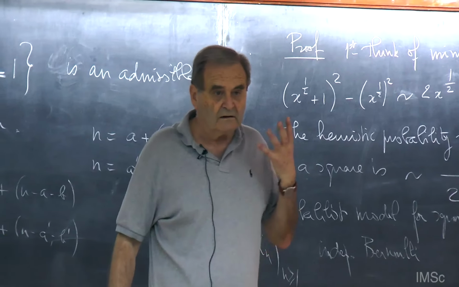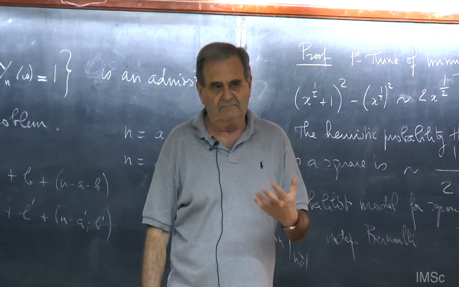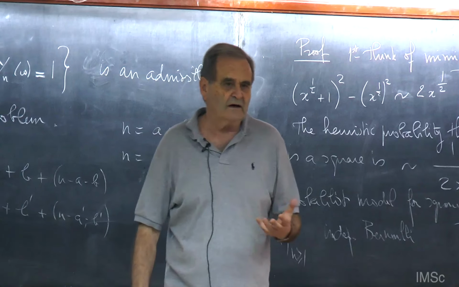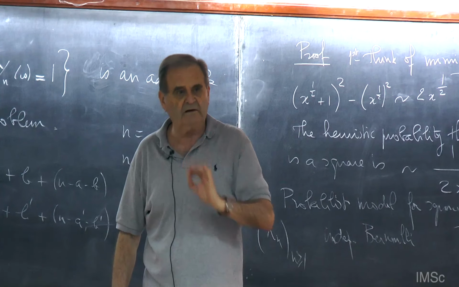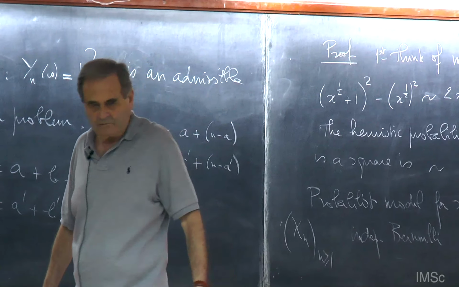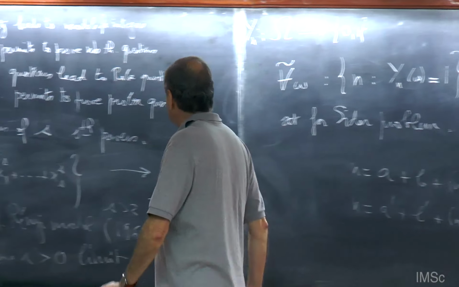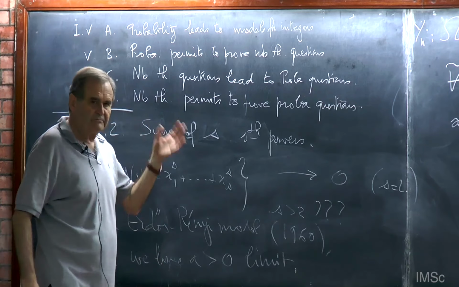So it doesn't prove anything, the probabilistic model. It gives you some feeling that, well, possibly it should be the case, because we have a nice model which leads exactly to the same limit as what is observed in real life. So it should be true, but of course it's not a proof. Yeah, so this is also another point about probabilistic models.